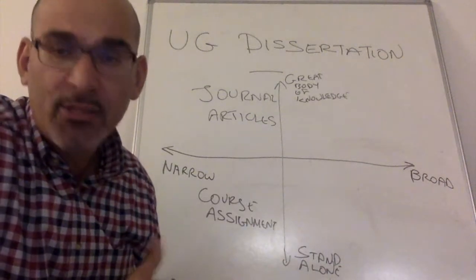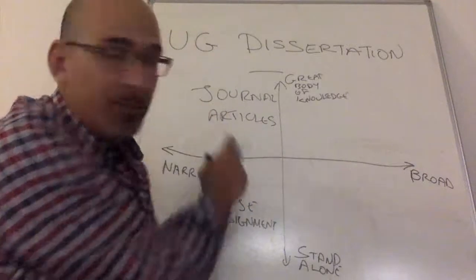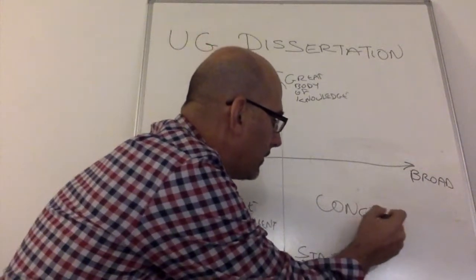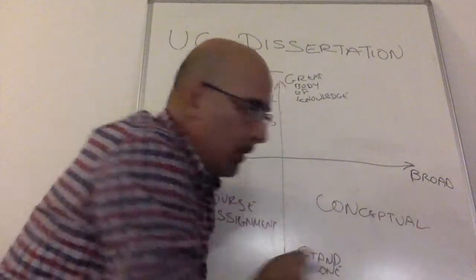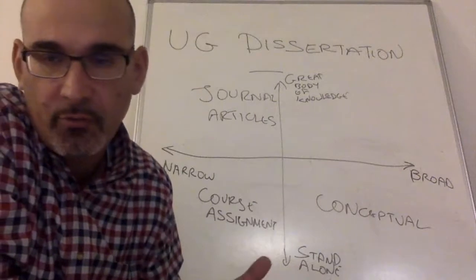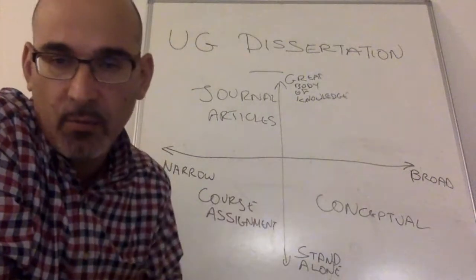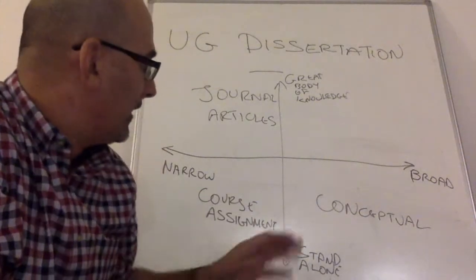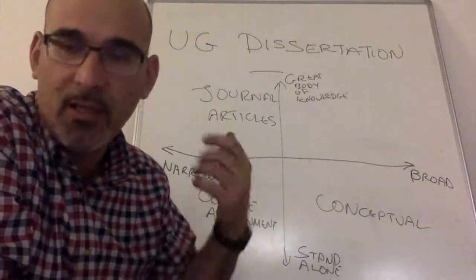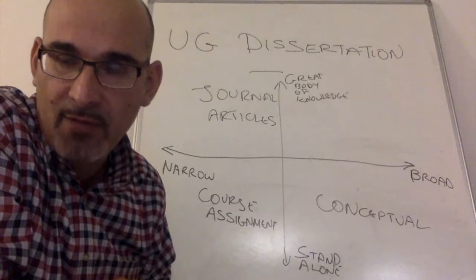I'd say that some conceptual papers can still be journal articles, but tend to be more conceptual. So a paper that uses solely literature review to come up maybe with a proposed model. It will use broad literature, and it could stand alone because it's the beginning of the development of a theoretical model, for example.